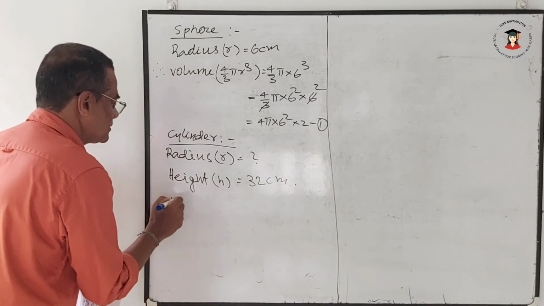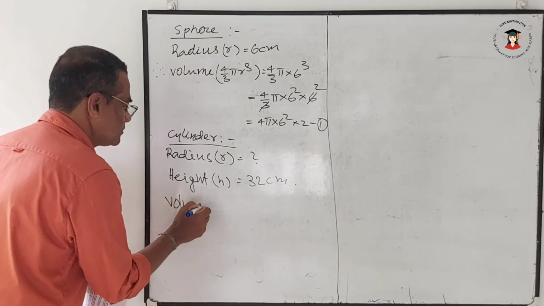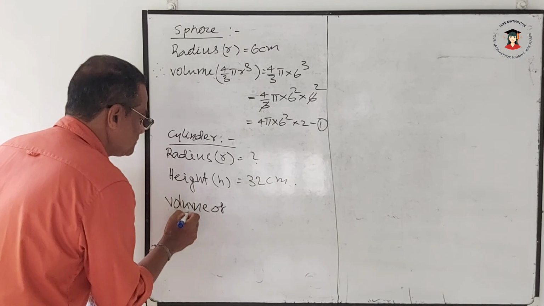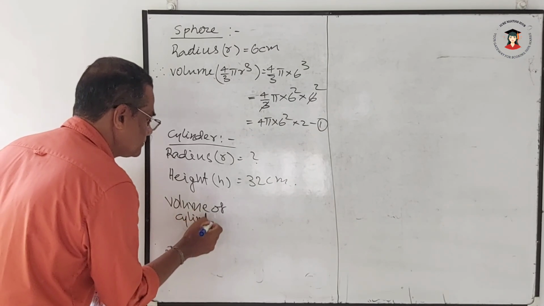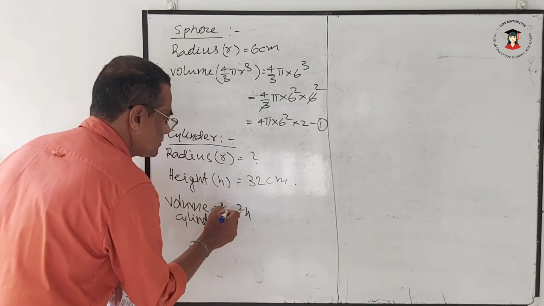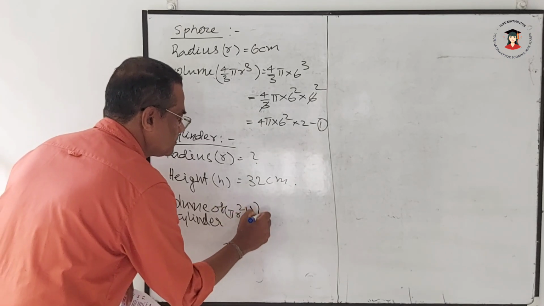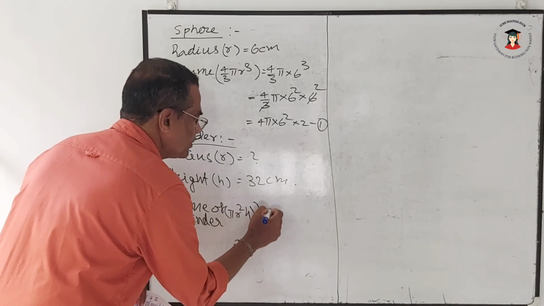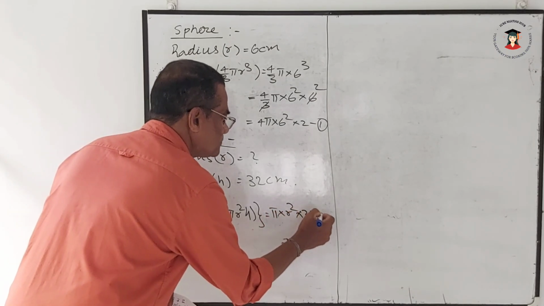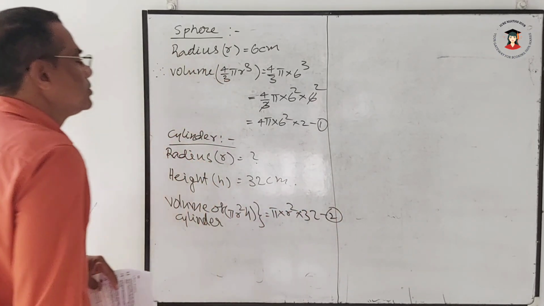Therefore, volume of cylinder is pi r square h, equal to pi into r square into 32. This is equation number 2.